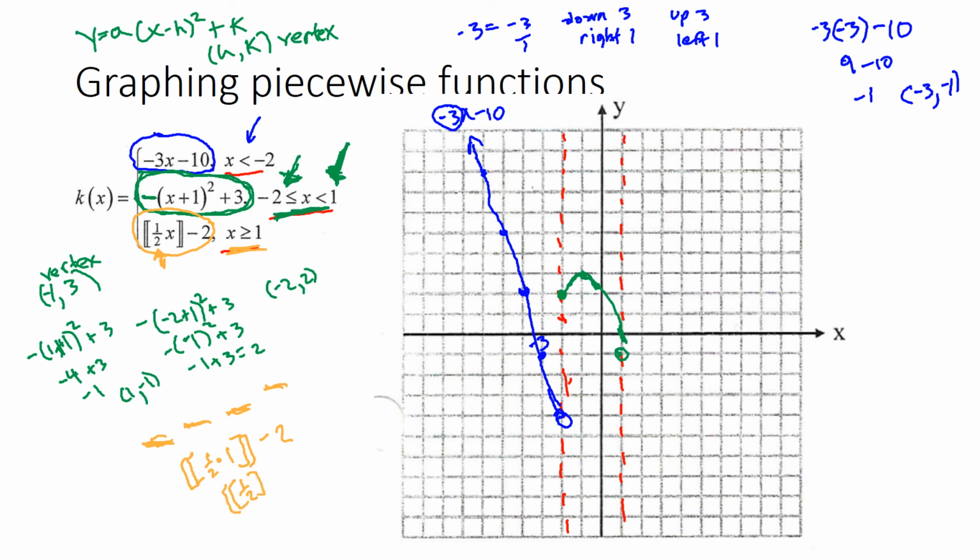And if we do the floor of that, then that would be 0. And 0 subtract 2 is -2. So in other words, when we input 1, we get back -2. So 1, -2 is here. If we continue applying the step function, we're going to end up with the following graph.